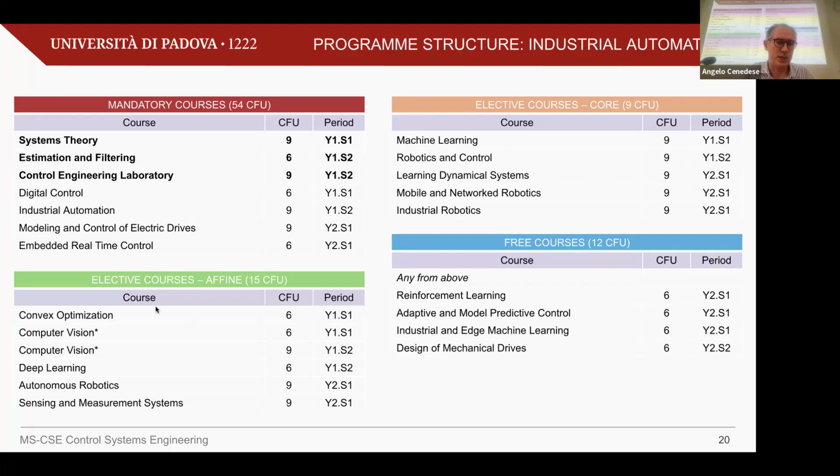We have 2 courses from the elective set, and again, I recommend you take something from the vision area, because also in the industry, the cameras are the most used sensors for monitoring and for controlling the production. Yes, sure.